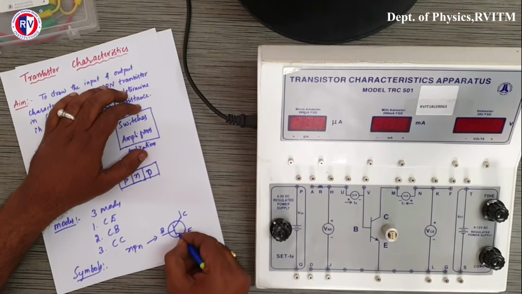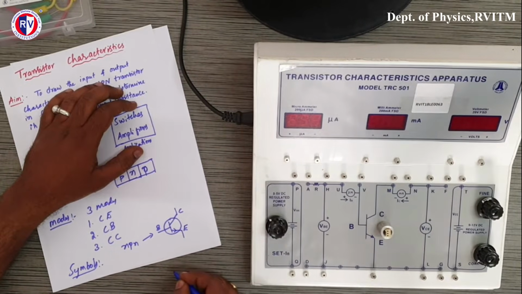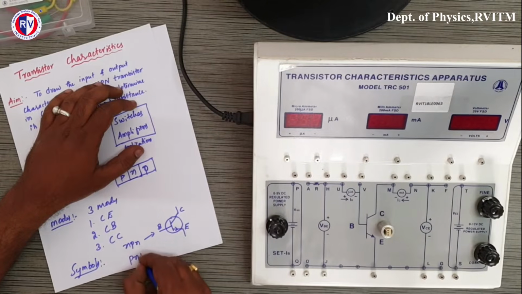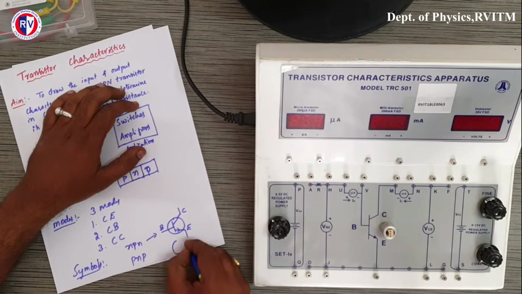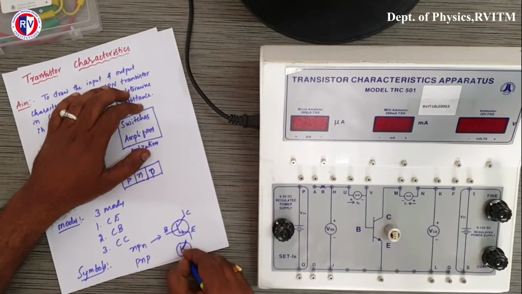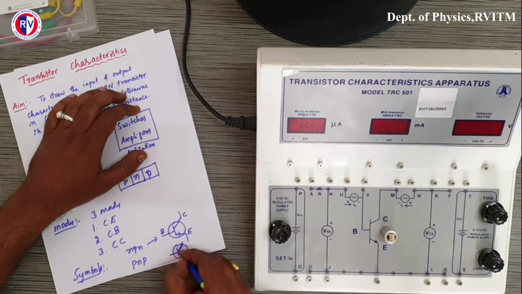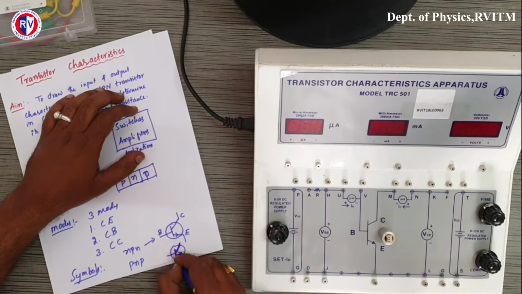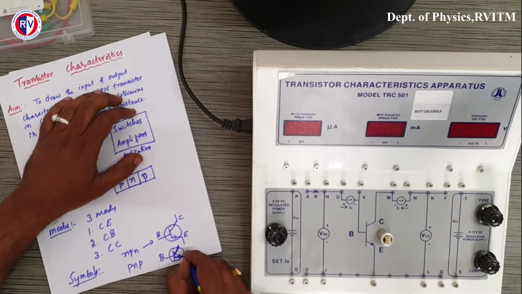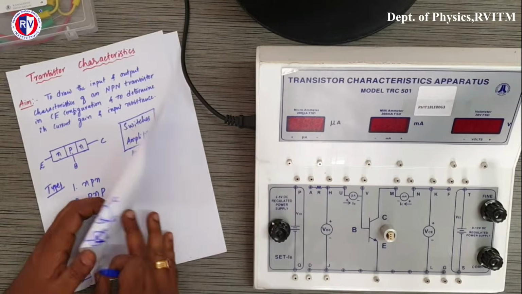The only difference is the arrow mark. If the arrow mark is pointing outward, it is called an NPN transistor. If the arrow mark is pointing inwards, we call it a PNP transistor. Now let's go to the circuit diagram.